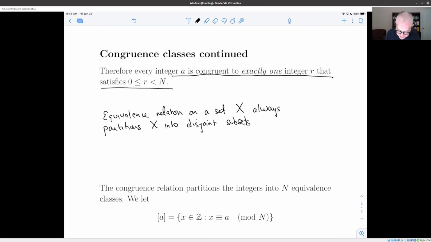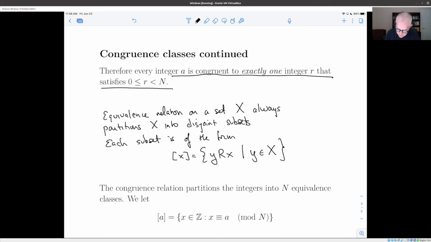So each subset is of the form: you pick an element of X and you take everything which is equivalent to it in X.